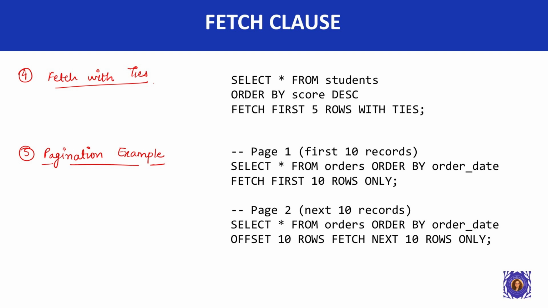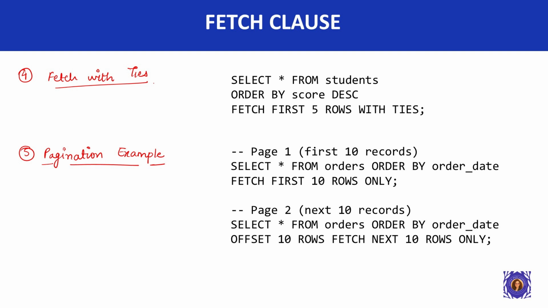This example illustrates how to implement pagination in SQL, allowing for the retrieval of data in manageable chunks, often referred to as pages. For page 1, the query retrieves the initial 10 records from the orders table, sorted by order_date, effectively fetching the very first set of data without skipping any rows.